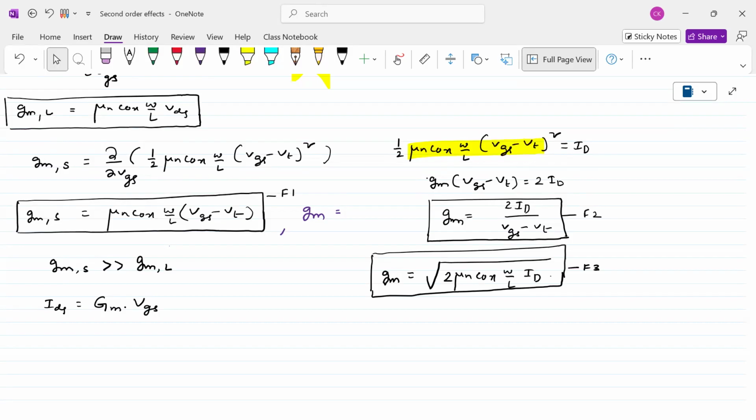Any idea? Take it as a small assignment and find out this particular one. It's very easy to get.